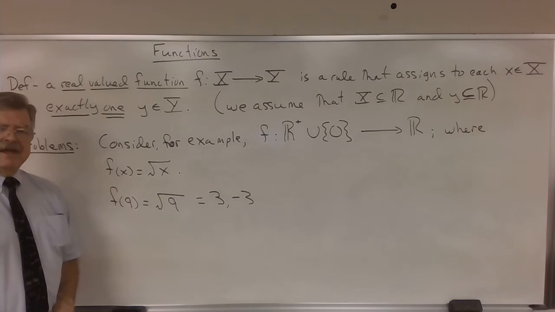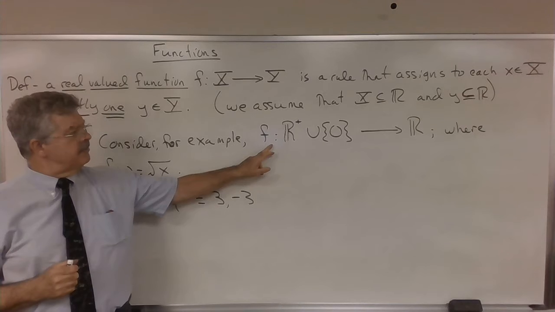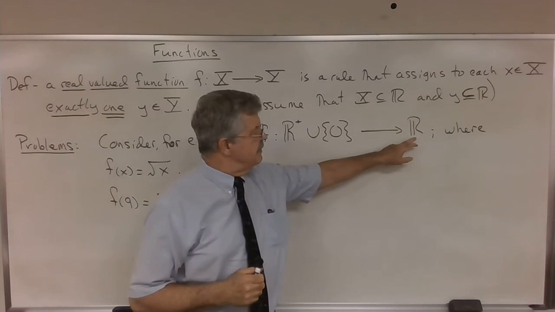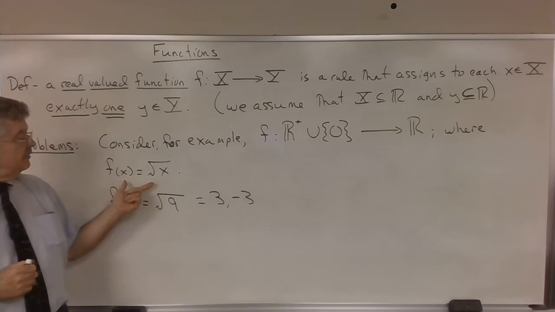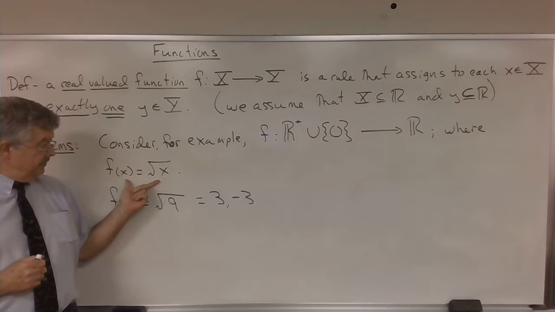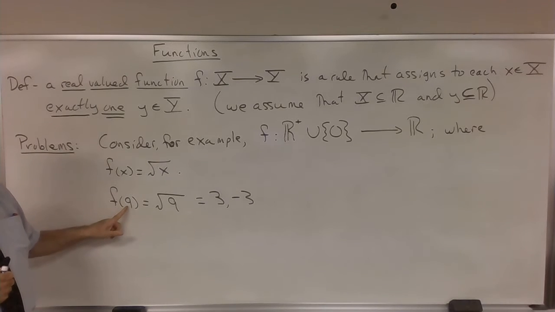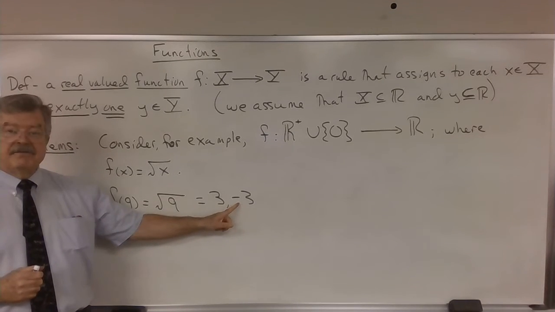And just for the sake of example, let's consider the function that maps the non-negative real numbers into the real numbers. For the sake of example, let's consider the function square root of x. F evaluated at 9 is the square root of 9, and 9 has two square roots, positive 3 and negative 3.